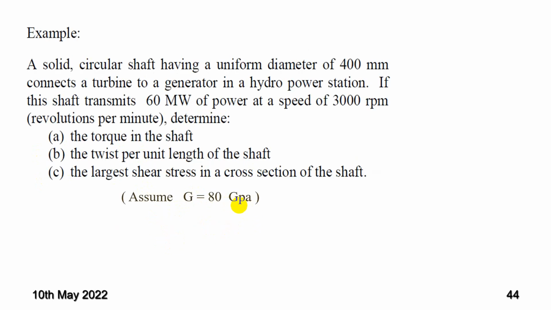Now let us see an example. A solid circular shaft having a uniform diameter 400 mm connects a turbine to a generator in a hydropower station. If this shaft transmits 60 megawatt of power at a speed of 30 rpm, find the torque in the shaft. We know the power, we know the omega, so we can find the torque.